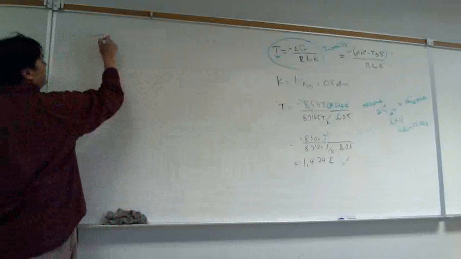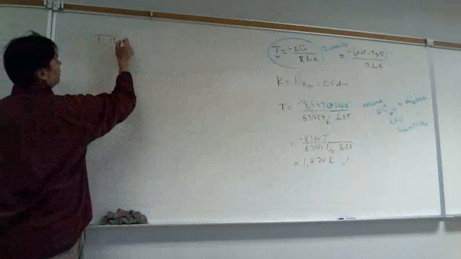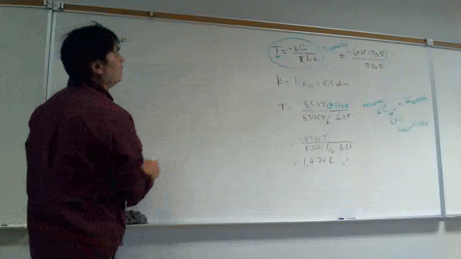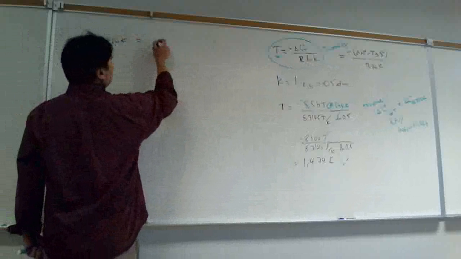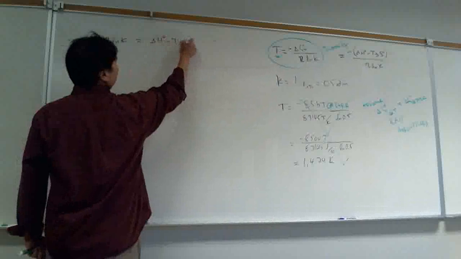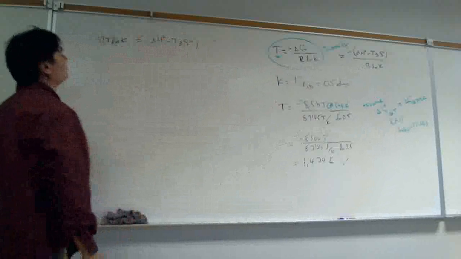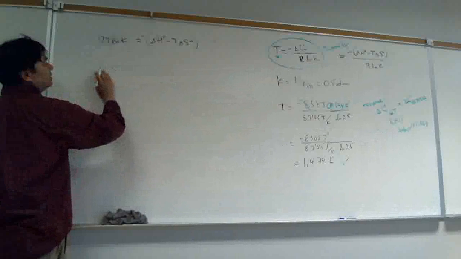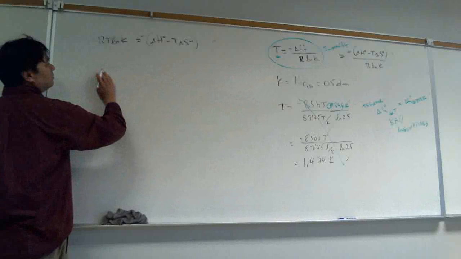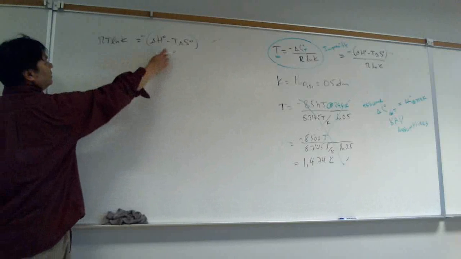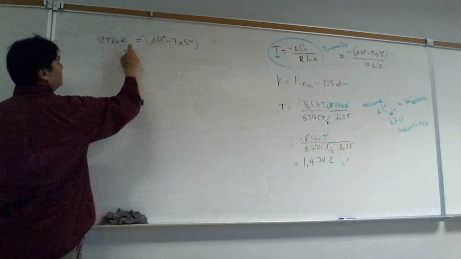All right, we'll just call it RT. RT ln of K equals delta H naught minus T delta S naught, and then we have to do the negative for this whole thing. Let's subtract the T delta S from both sides.